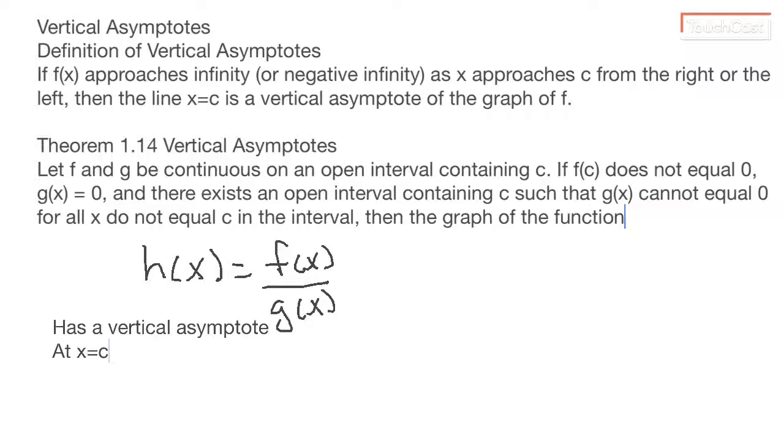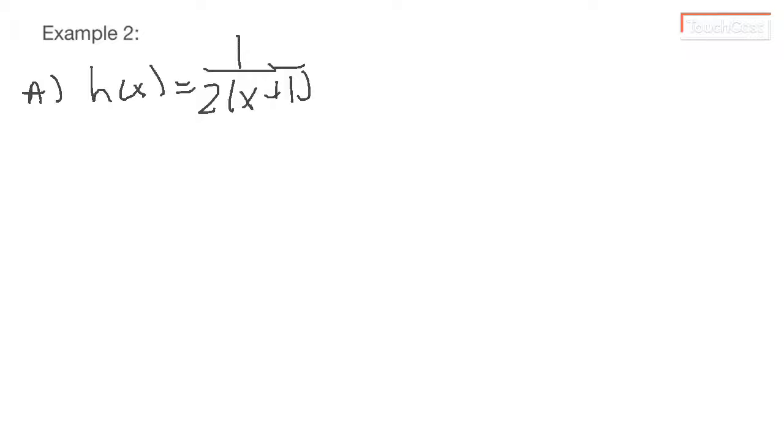That is Theorem 1.14. So let's look at example 2, where we're going to find vertical asymptotes. So first we're going to look at h of x is equal to 1 over 2 times x plus 1. What we're essentially doing when we're trying to find a vertical asymptote is we're looking for what x value we would plug into our denominator that would give us a denominator of 0.